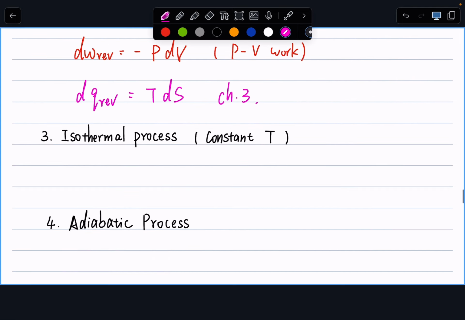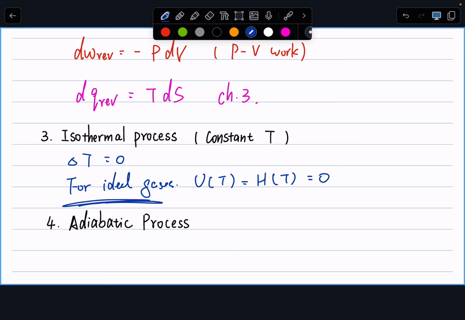All right, then isothermal process. What an isothermal process tells us is that this process involves my total change of temperature equaling 0. So for an ideal gas, we have internal energy only a function of T, and my change in enthalpy, also only a function of T, equals 0.